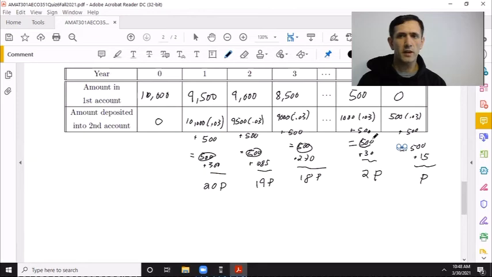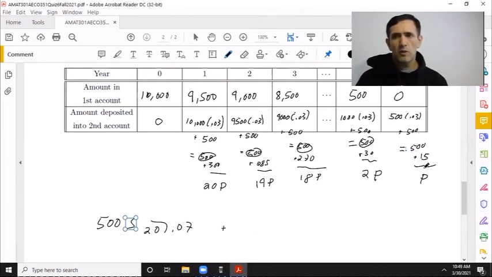well, that's just a standard annuity immediate, so it's 500, a 20 at 0.07. Sorry, we want the accumulated value, so I don't want A, I want S. Well, P is my 15, so it's 15.